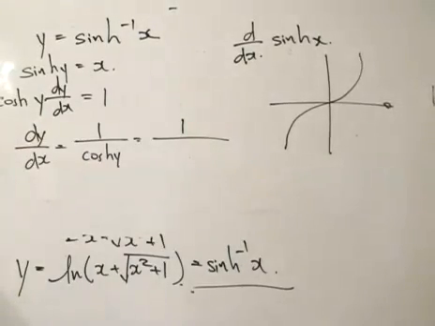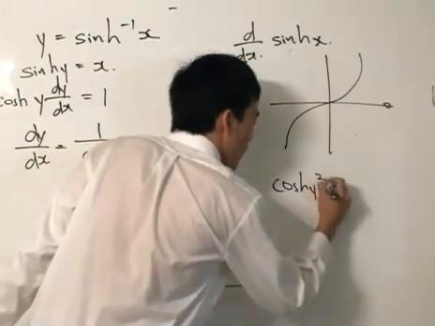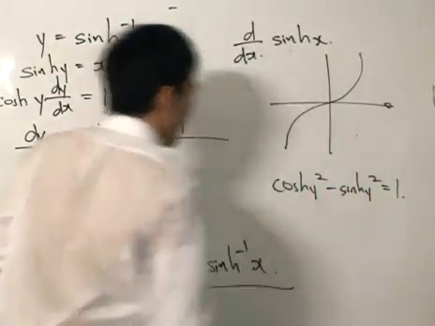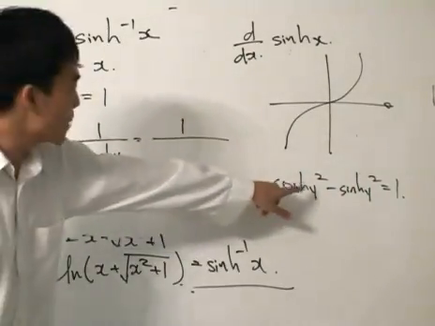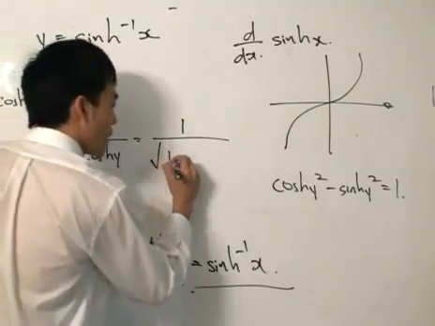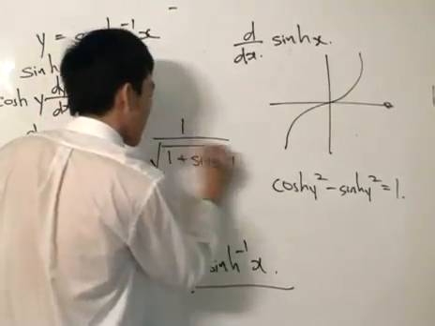Using the identity, cosh squared y take away sinh squared y equals to 1, so now I got the cosh y at the bottom, this would be 1 over square root of 1 plus sinh squared y.